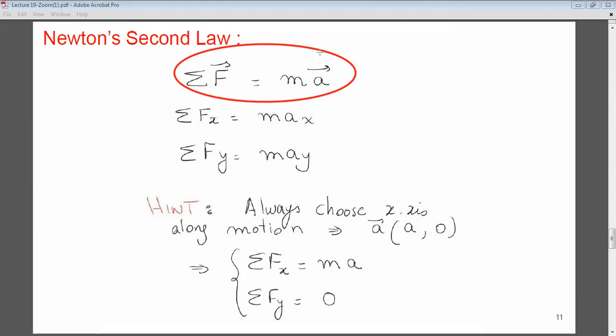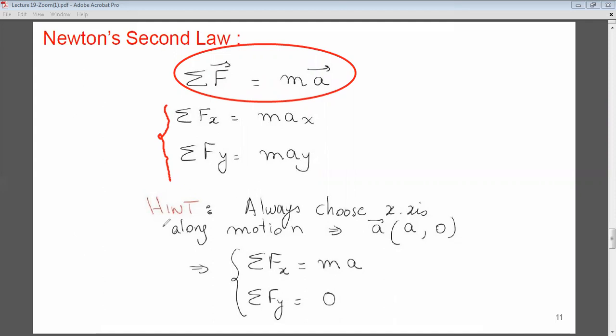Okay, now if we look at this equation, we have F vector equal to MA vector. How do we deal with such a formula? This is summation of vectors. In order to work with a formula with summation of vectors, I have to divide it into summation of Fx and summation of Fy. Summation of Fx will be MAX, summation of Fy will be MAY.